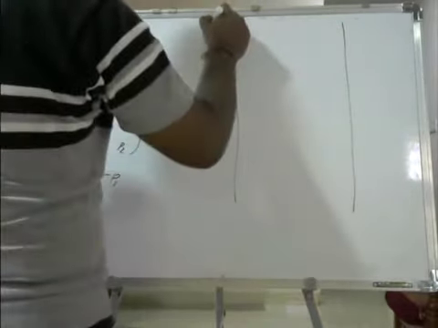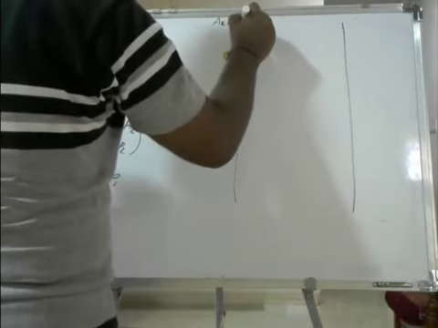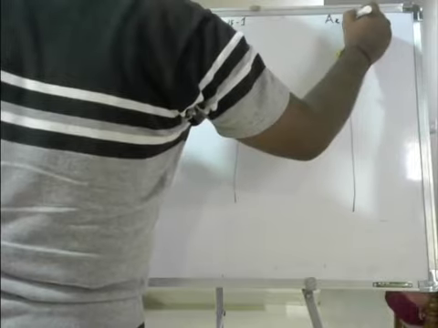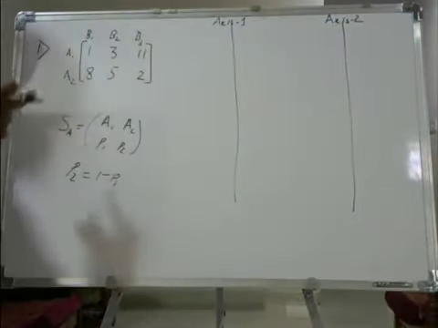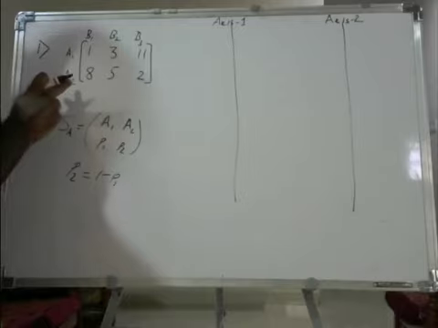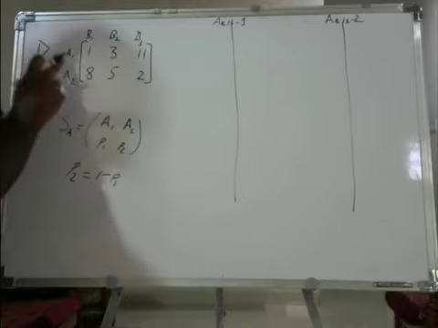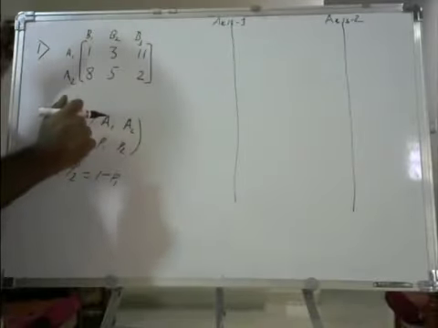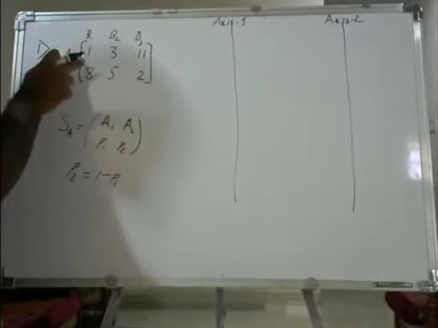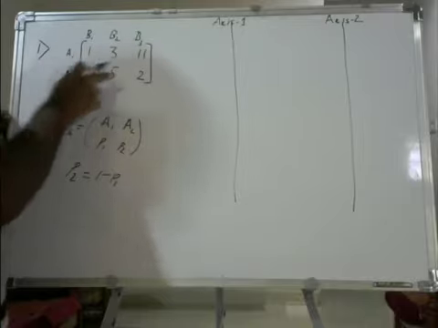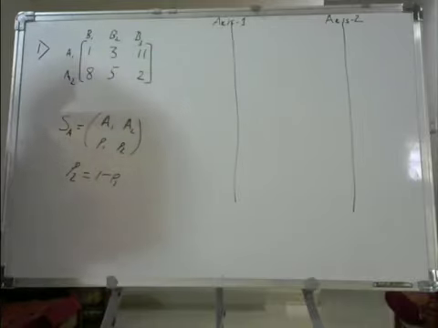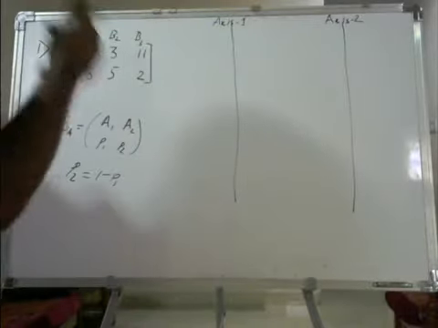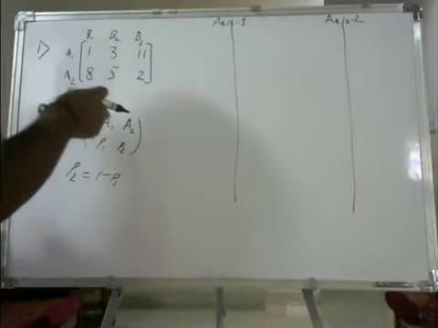Now we need to plot A1 and A2 on this graph. The range is from 0 to 11, which is the highest number. I will start with 0 here. You can even start with negative if there are negative signs here.